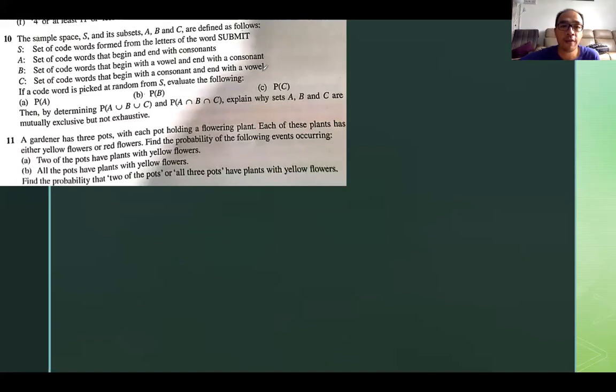Before you even look at the questions, I want you to think, these 4 situations look very familiar. When we see the words begin with a vowel, end with a consonant, begin with a consonant, end with a vowel, it almost immediately brings to mind the concept of permutation.